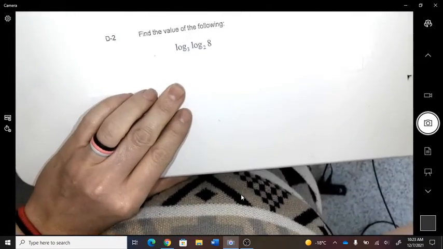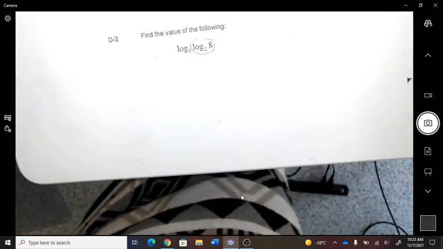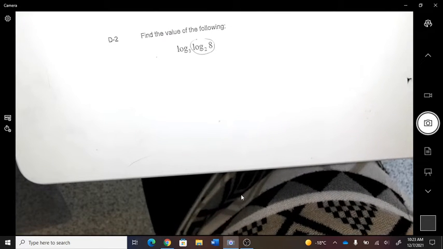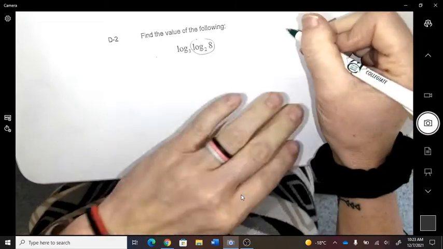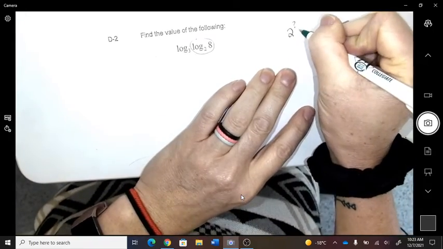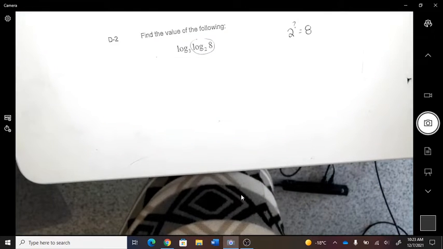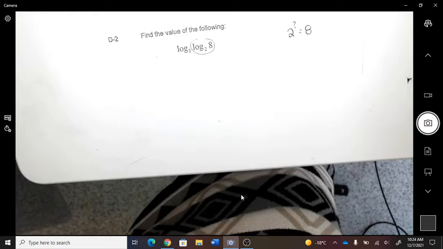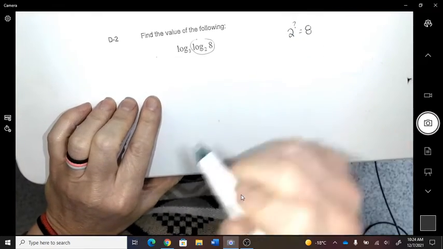Okay, evaluate. So I'm first going to work with this. So what's the exponent that makes that happen? So this is what your brain is doing. What exponent makes that happen? So 2 to the, so that would be a 3.